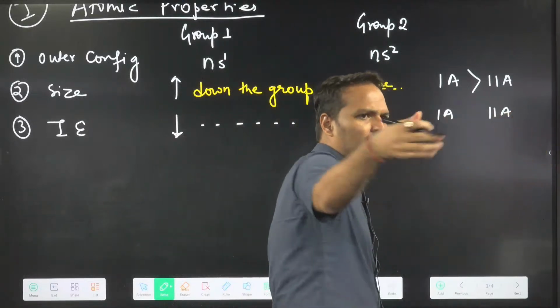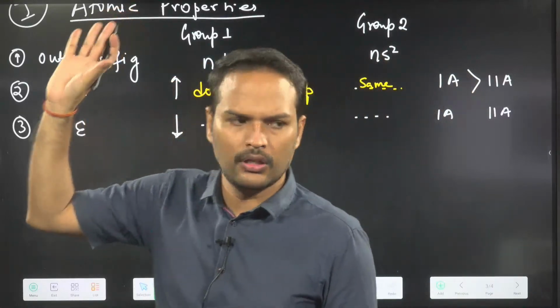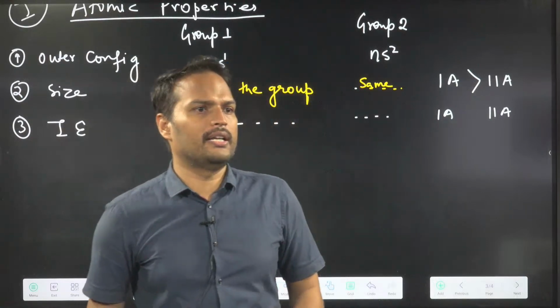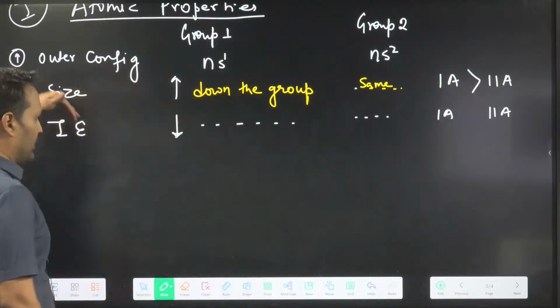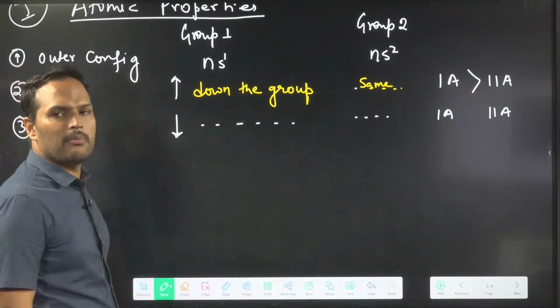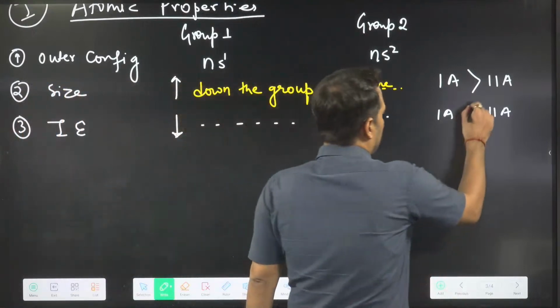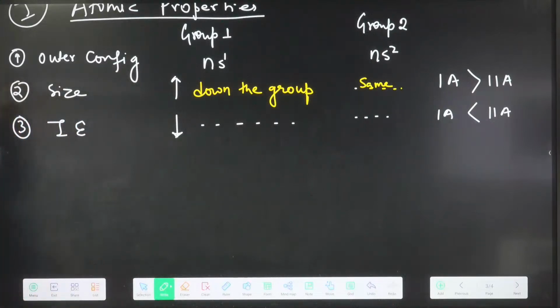All these things we have already studied in the periodic table chapter, so we are doing it quickly. Keep this in mind. So it decreases down the group. Cesium has minimum ionization energy, and in a period it increases. So 2A is more than 1A. Clear? Then come to the next point.